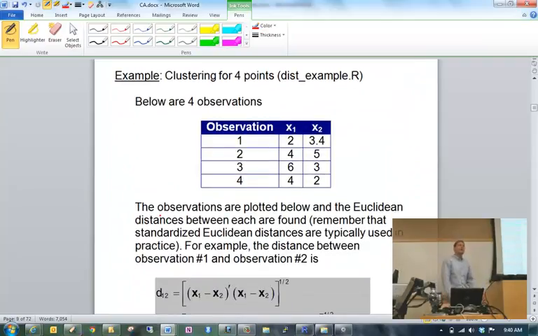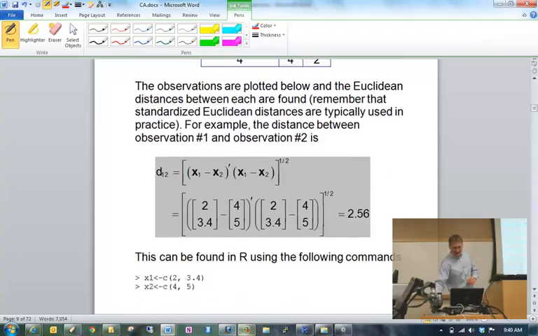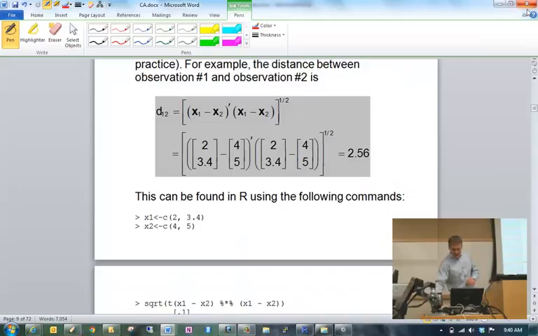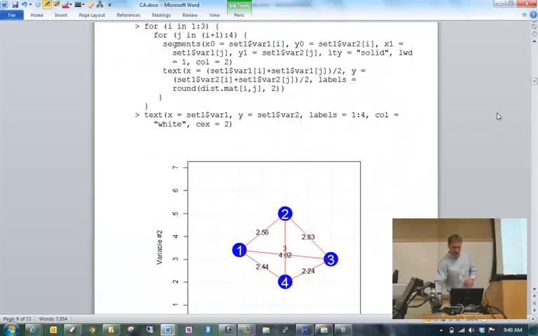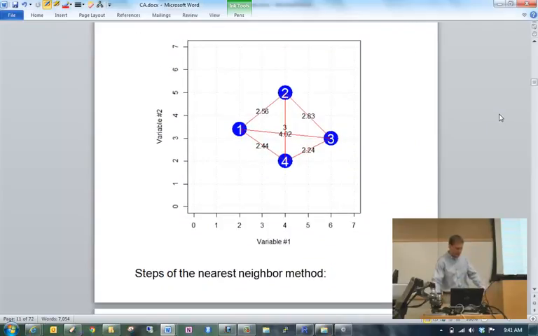So I have an even simpler data set that has 4 observations in it. These are the 4 observations. And let's move ahead to the plot that's on page 11. So hopefully you can see where the 4 observations are, the big blue dots, and they're nicely numbered there.